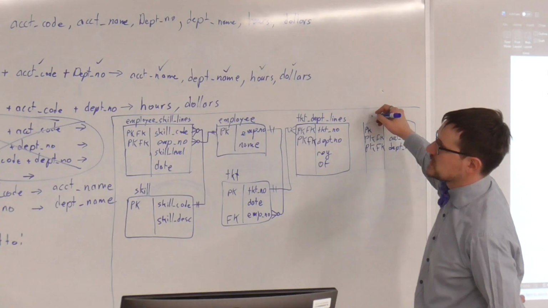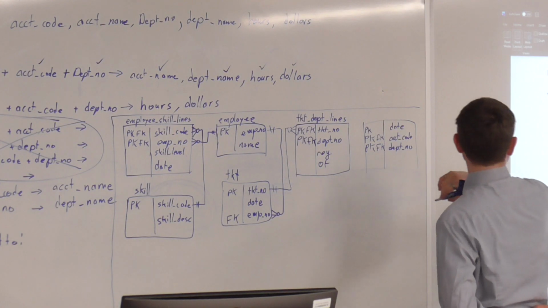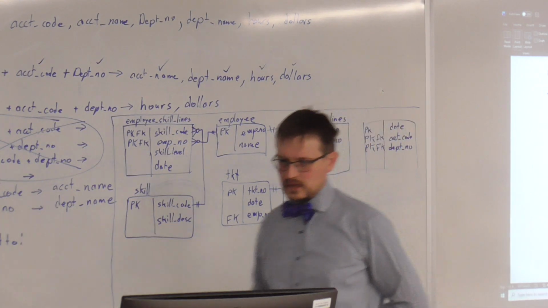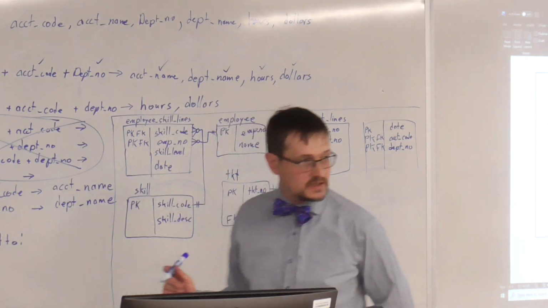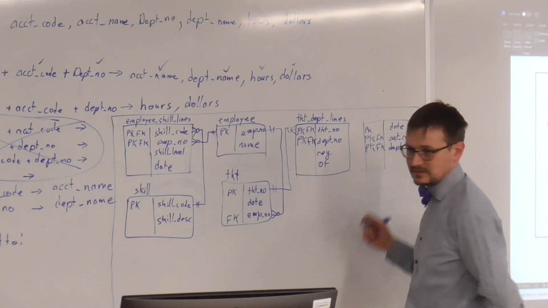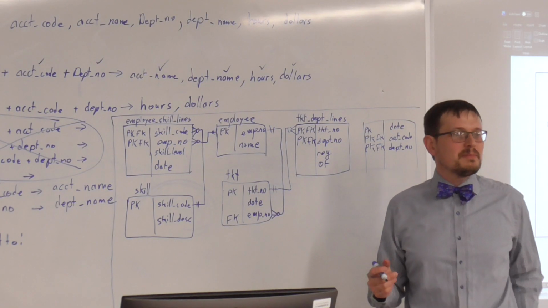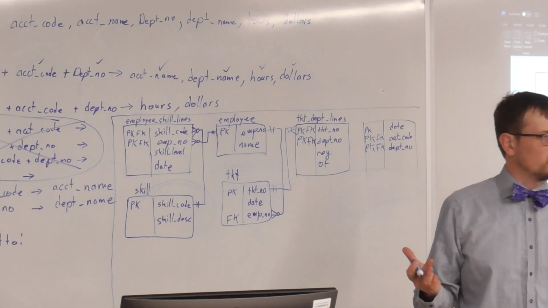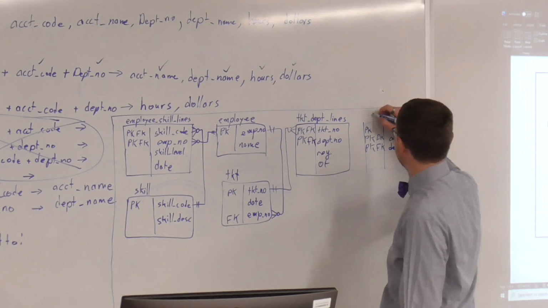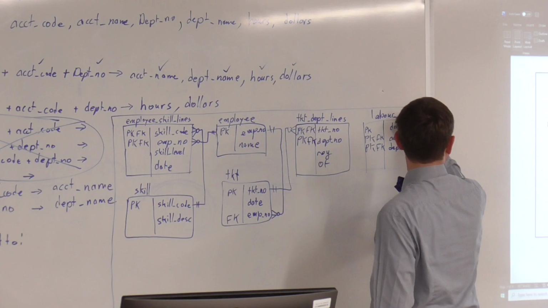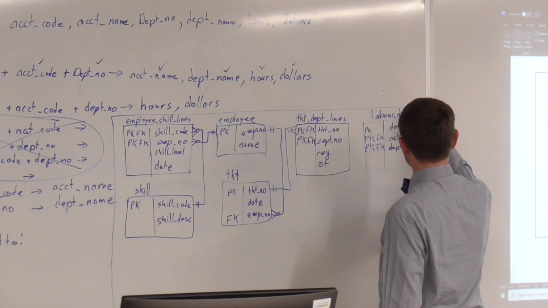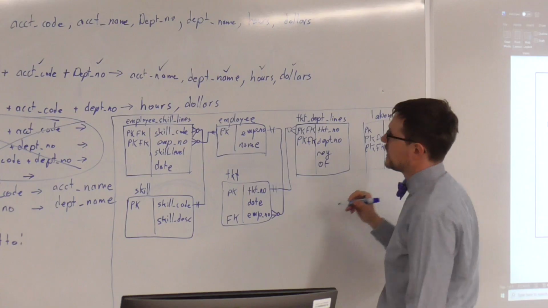Date is used elsewhere, definitely, but that doesn't make it one, maybe that's like fourth normal form. Okay. So labor dist lines, right?